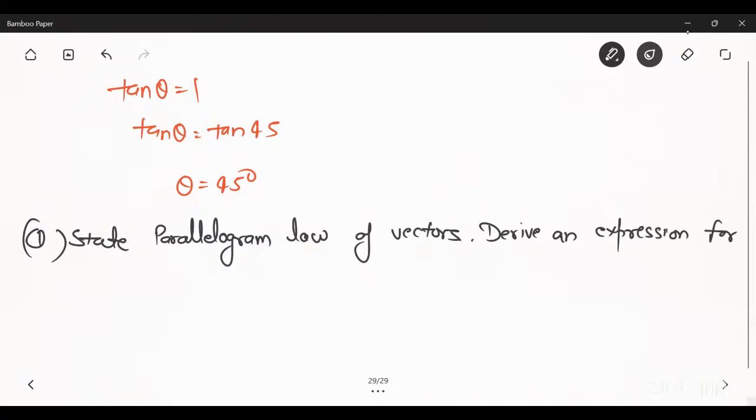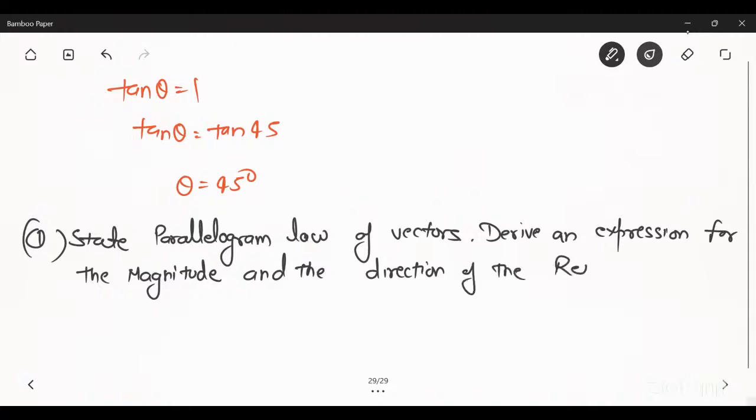Derive an expression for the magnitude and the direction of the resultant vector.